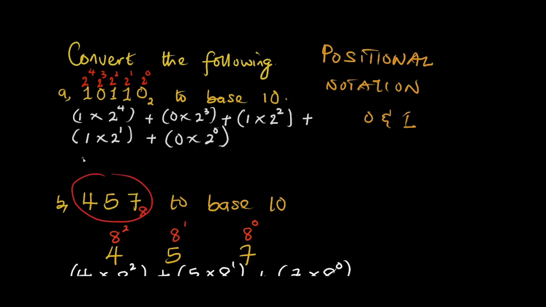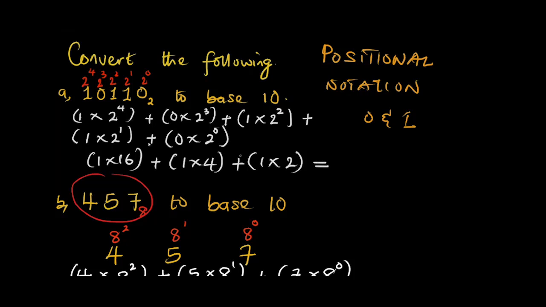Okay, so expanding this now, 1 times 2 raised to the power of 4 is 16. So I have 1 times 16, plus, I won't focus on the zero, I'll follow this. 1 times 2 raised to the power of 2 is 4, that's 2 in 2 places. 1 times 4, plus 2 raised to the power of 1 is 2 in 1 place, is 2. 1 times 2.